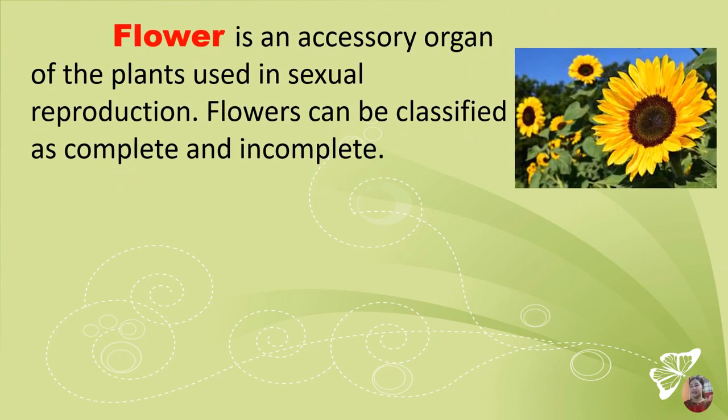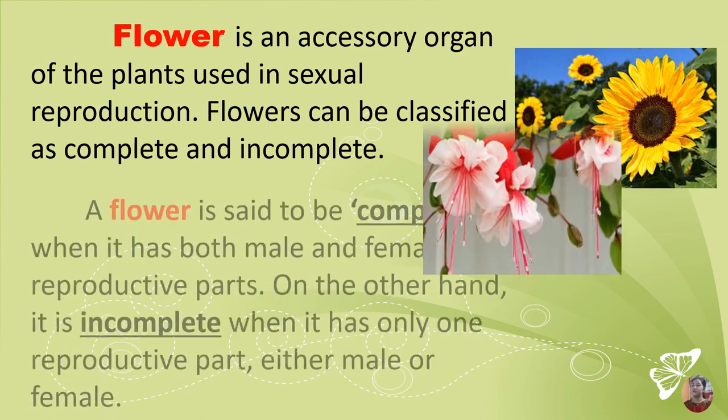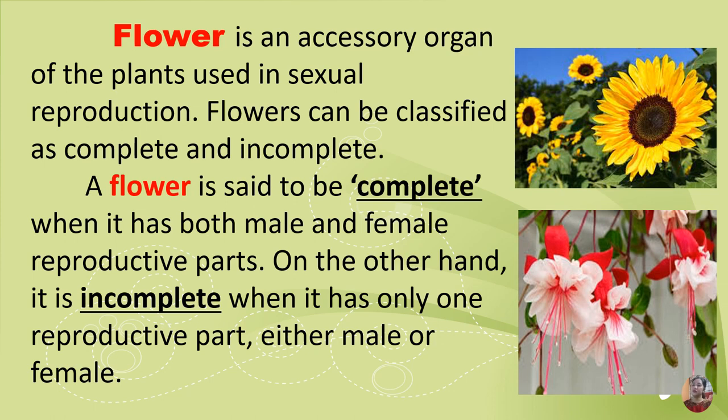Flower is an accessory organ of the plants used in sexual reproduction. Flowers can be classified as complete and incomplete. A flower is said to be complete when it has both male and female reproductive parts.